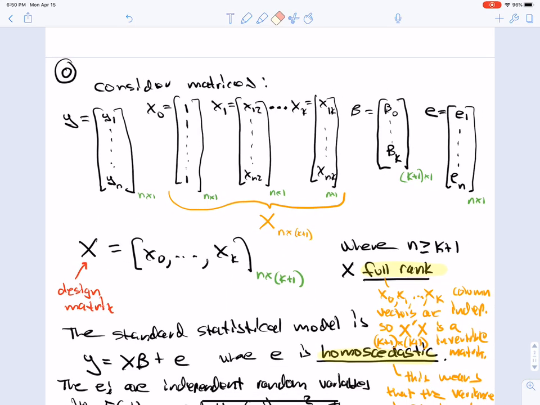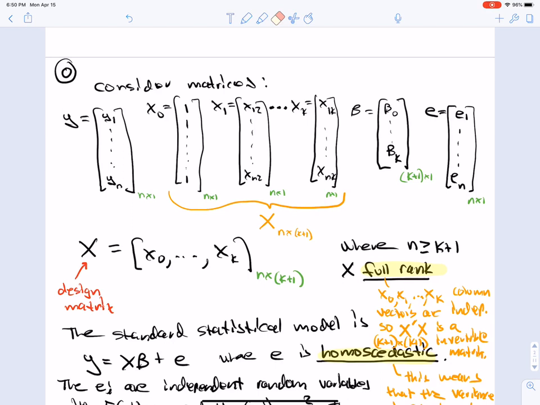Okay, so a bunch of matrices here. We have Y is our response variable and the X's are our predictor variables. So we have n observations, and so we have these column vectors. We also have coefficients, beta 0 to beta k. So beta is a k plus 1 by 1 column vector. And we also have error terms, one for each observation.